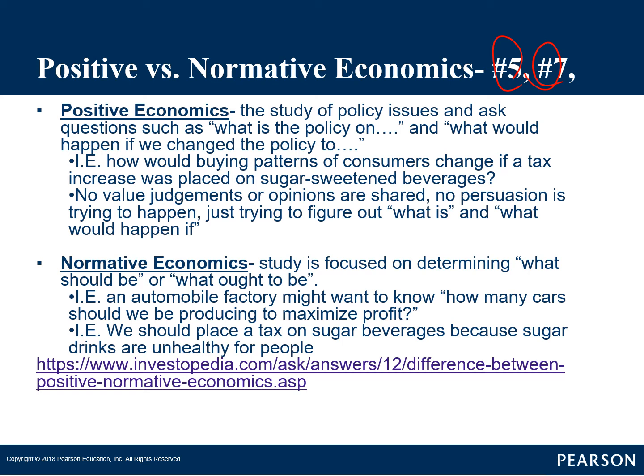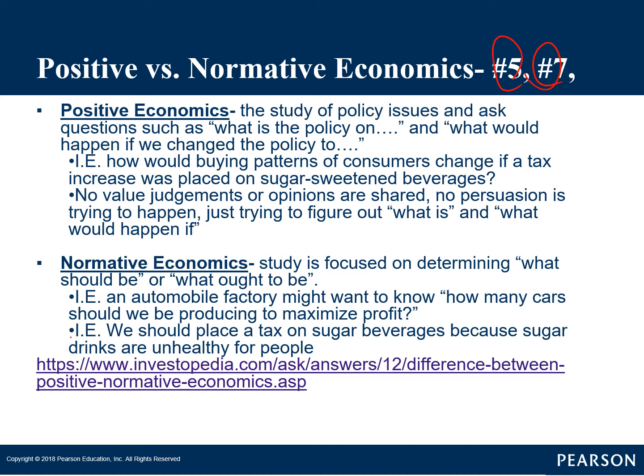Numbers, figures, statistics only. They are not trying to figure out how things should be or how things ought to be. They're not trying to bring any moral or ethical thought or principles into this. On the other hand, normative economics brings in what should be or what ought to be.